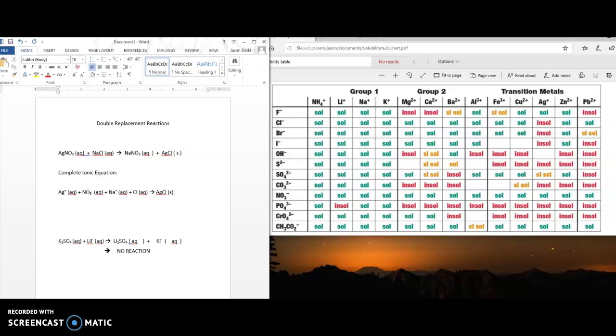It doesn't dissociate, so it's a solid, so it is not represented as a set of ions in the complete ionic equation, plus the sodium plus ion plus the nitrate ion, NO3 minus aqueous. All right, once more, let's correct the charges, make these superscripts.